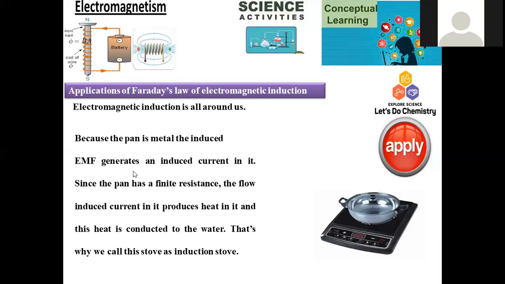So here induced current is generated and it has a certain resistance, because if that resistance were not there, the current would keep rising exponentially, and we may not cook in a proper way. That may cause fire hazards as well. That's the reason it should be optimized for a certain resistance.